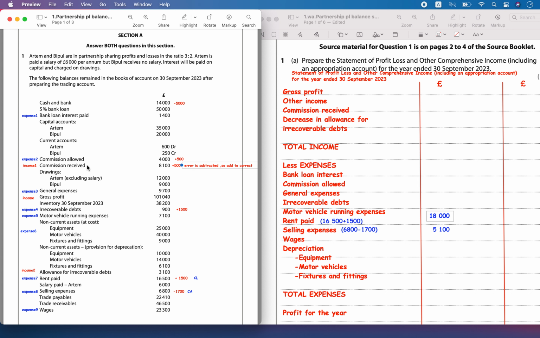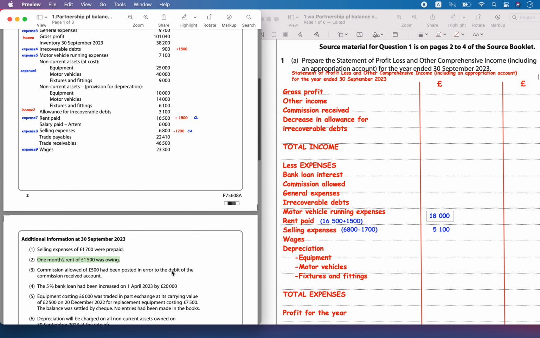It was for commission allowed, but commission received had been deducted by 500. It was entered on the opposite side, on the debit side.